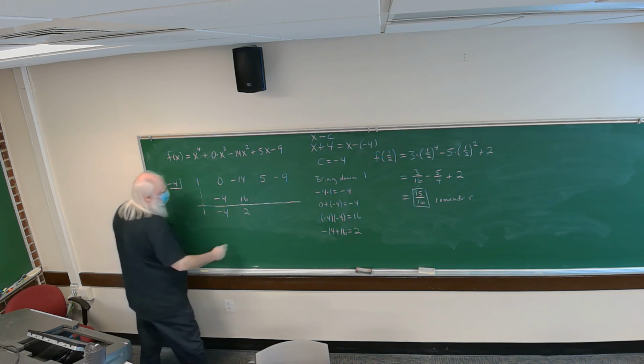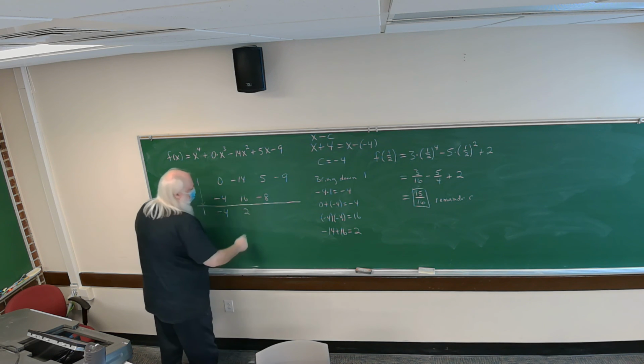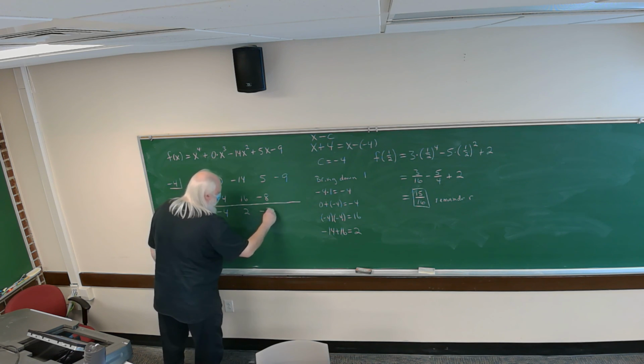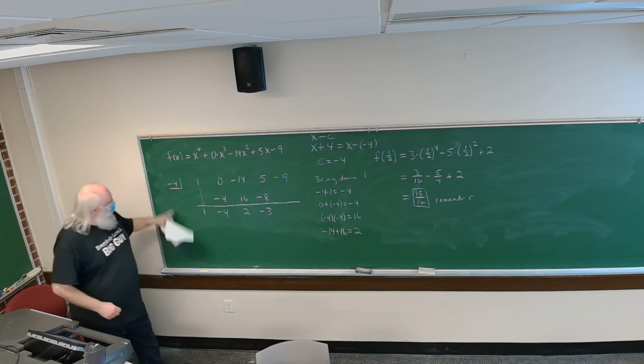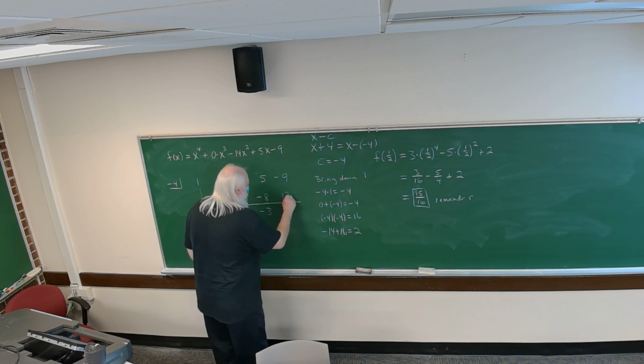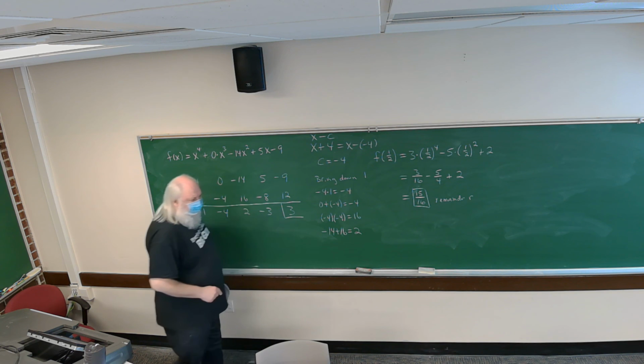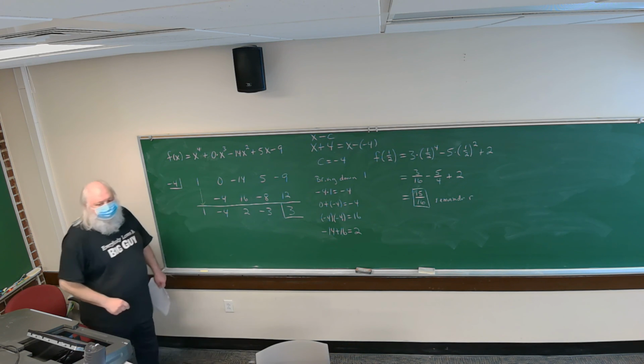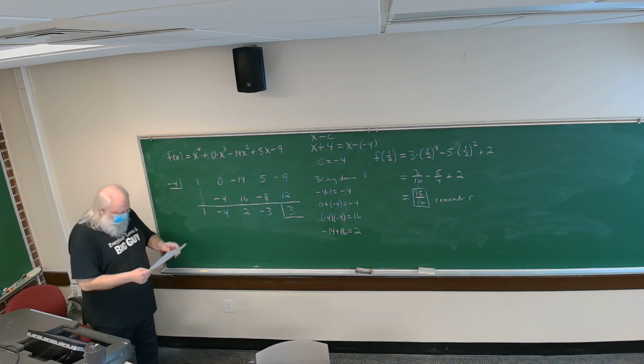Negative 4 times 2 is negative 8. And negative 8 plus 5 is negative 3. Negative 4 times negative 3 is 12. And minus 9 plus 12 is 3. Now you box this last number, because that's the remainder. Okay?